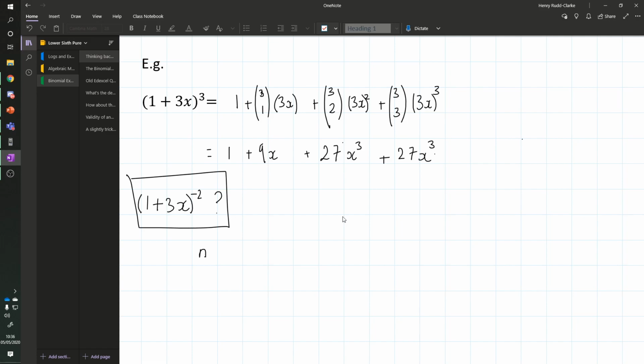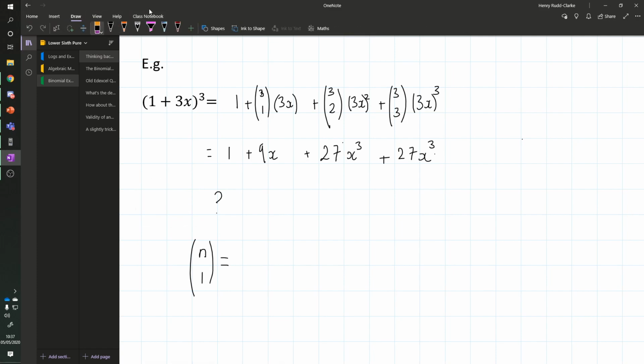So what I want to think about is, what is n choose 1? Here we're just going to be looking at our binomial coefficients in terms of n. So let's forget about that other bit for the minute, and we'll just think about binomial coefficients.